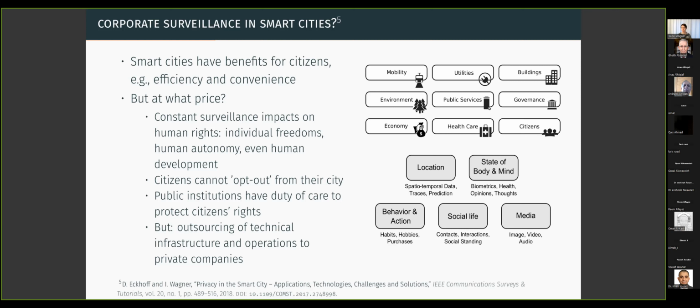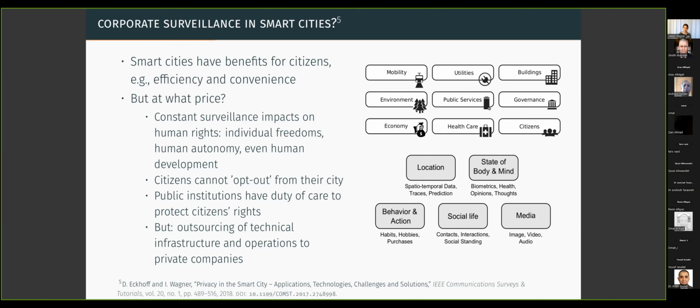The workplace is in the city, maybe healthcare is in the city, all the entertainment and shopping facilities are there. So it's not really possible to just not go to the city. In addition, you could say that cities as public institutions have more of a duty to care about citizens' rights than, let's say, a private company that runs a single website.